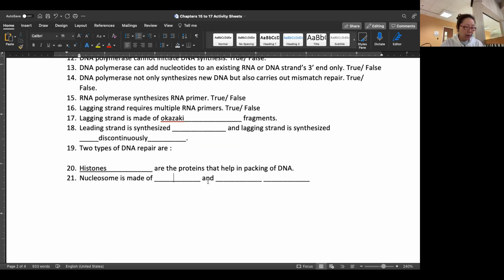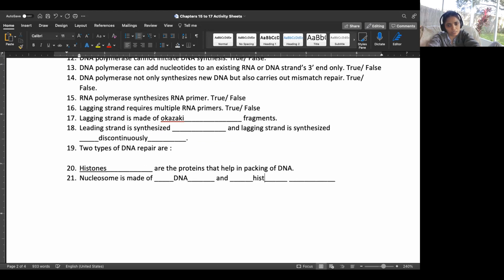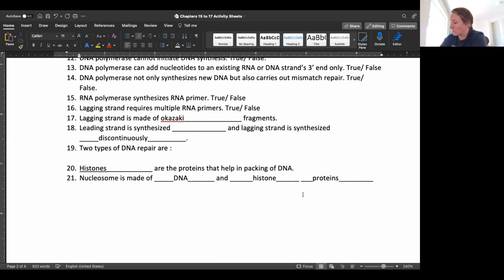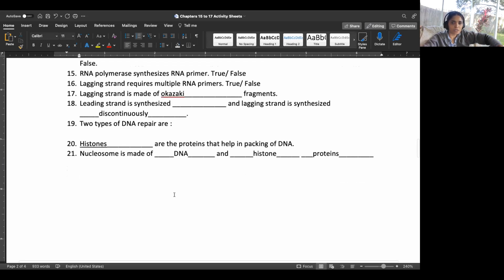Nucleosome and histone protein. I put DNA and histone protein. Yeah, that's right. DNA. Brittany, would you please change it? DNA and histone proteins. Okay. Because nucleosome is just one round, one circled part of combination of protein, histone, and DNA. That is nucleosome, right?